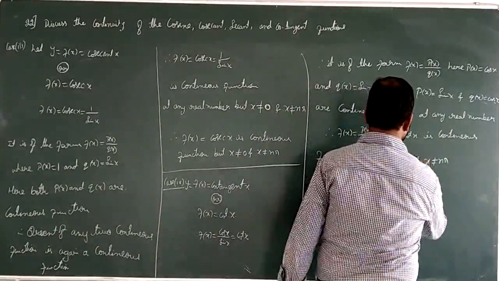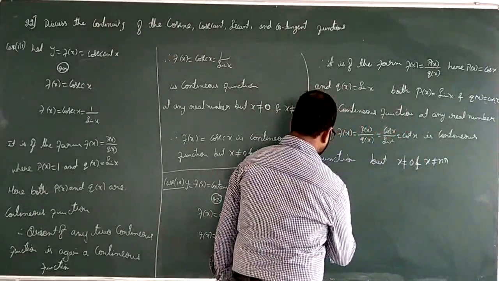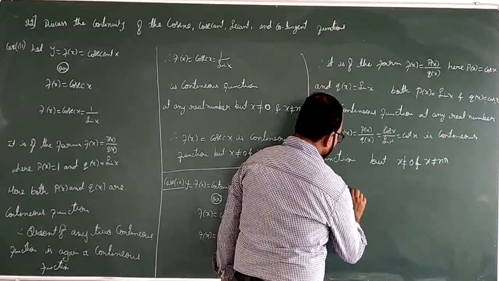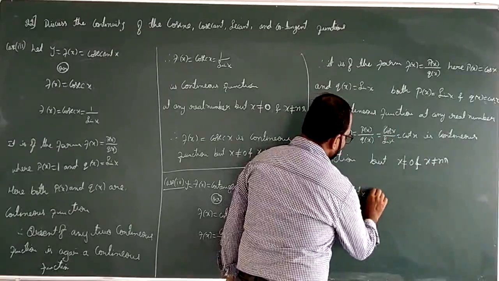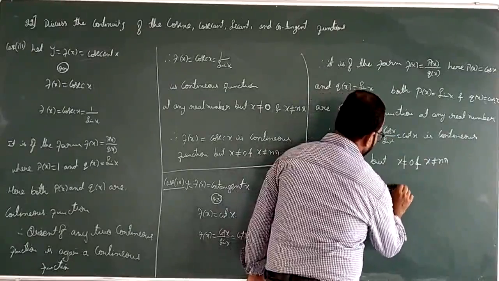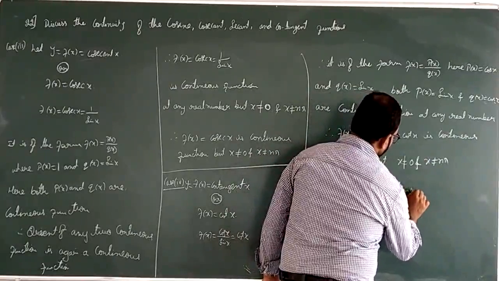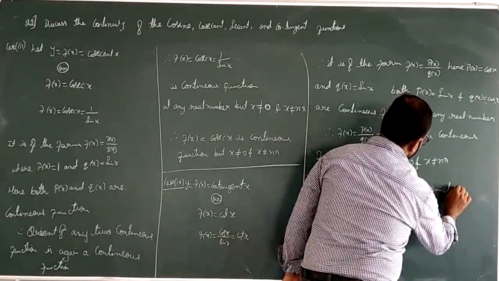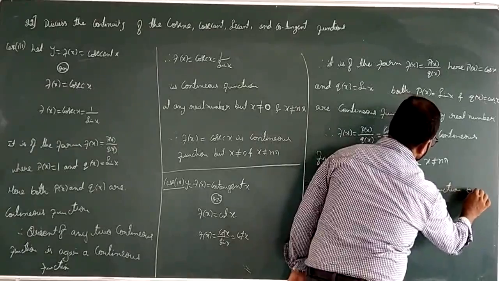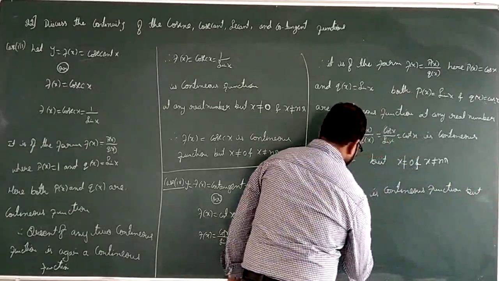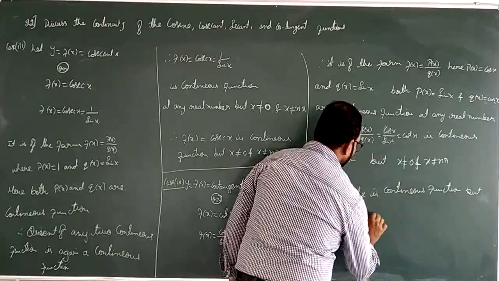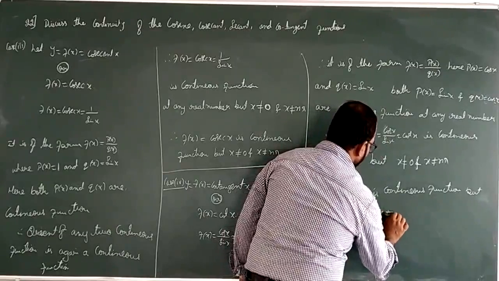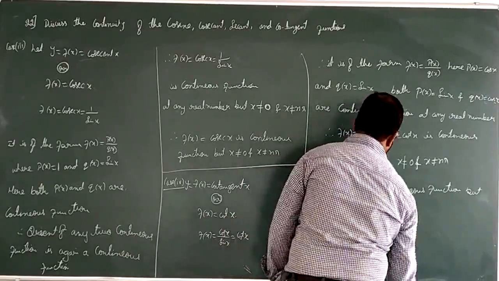Therefore f of x is equal to cot x is a continuous function, but x is not equal to 0 and x is not equal to n pi. Okay, write down.